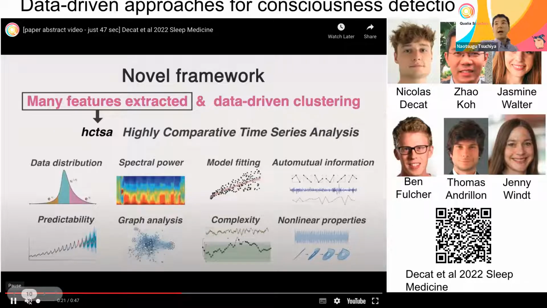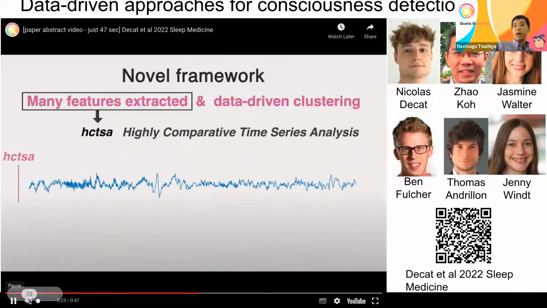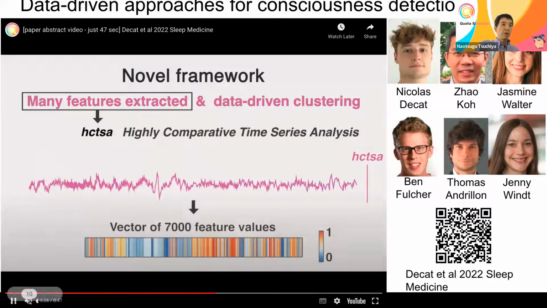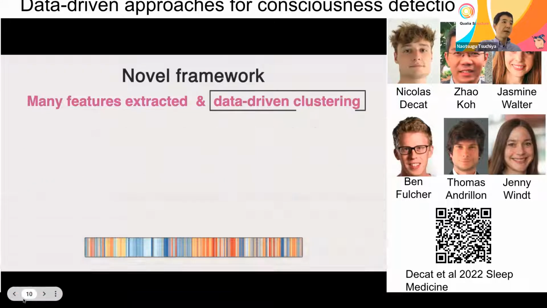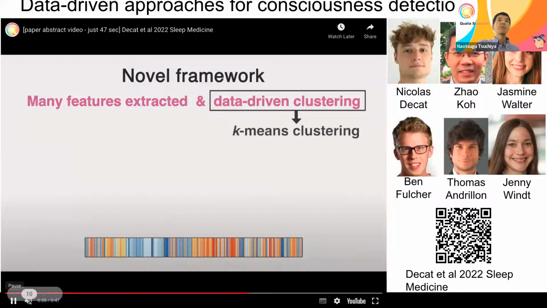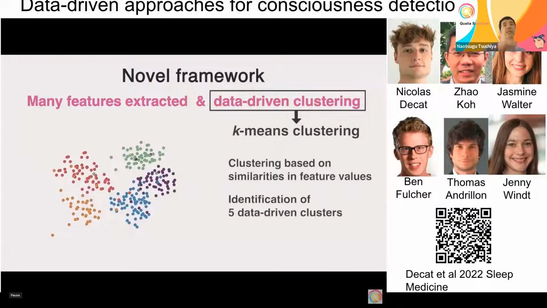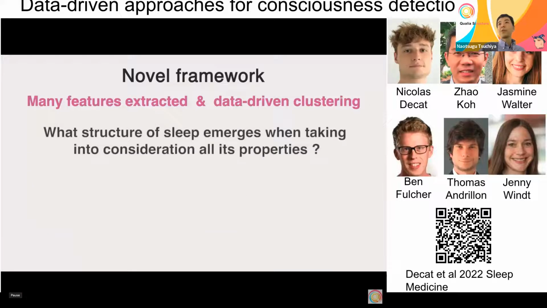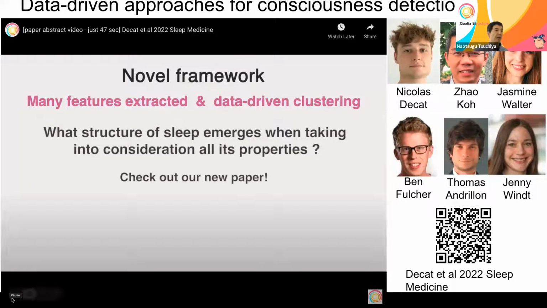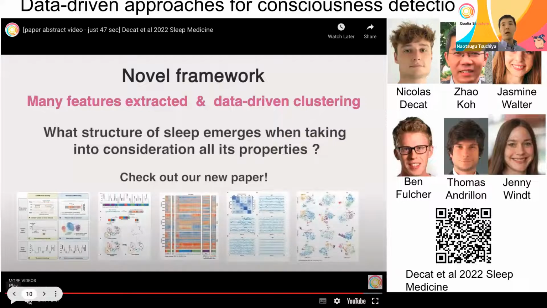And then based on this, we can use various unsupervised techniques, but in this particular paper we used a K-means clustering technique, and then identified whether we can actually see sleep patterns emerging. And in fact, we were able to do so. That's the paper story.